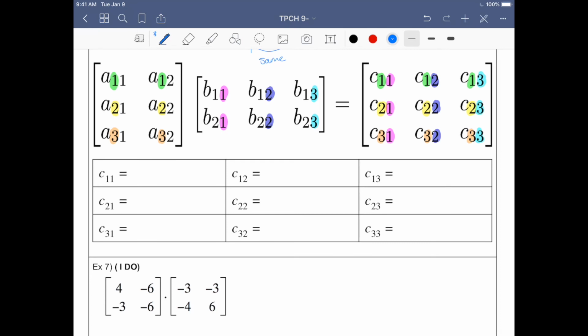Now, typically before you try to multiply, just make sure you can multiply. Here I have a 3 by 2 matrix, and matrix B is a 2 by 3. Well, because the number of columns in my first matrix equals the number of rows in my second matrix, I can actually multiply them, and I will get the resulting 3 by 3 matrix that I see here.